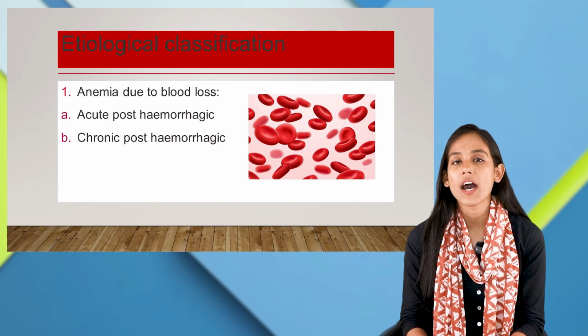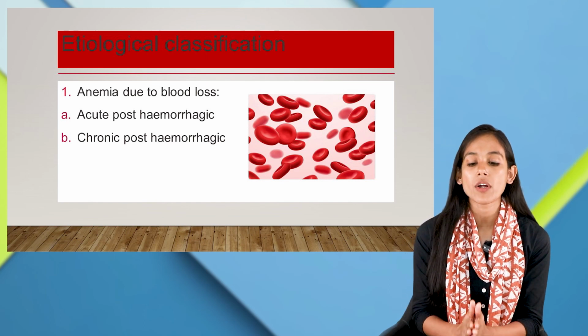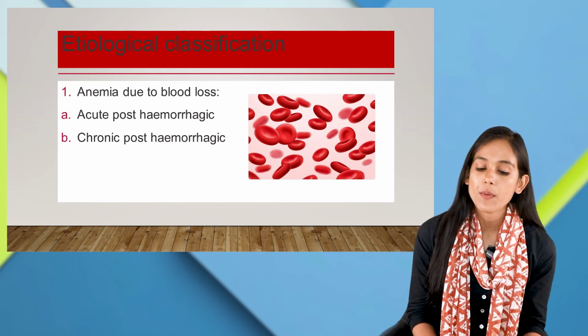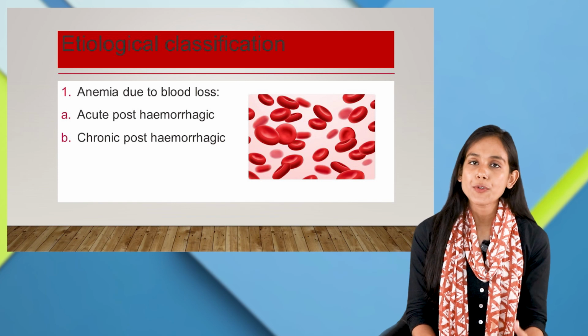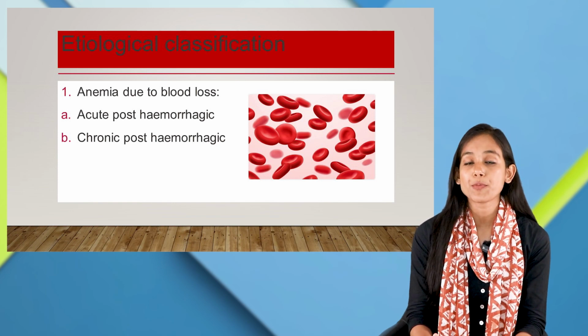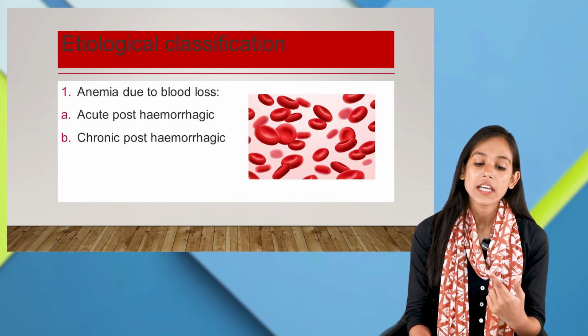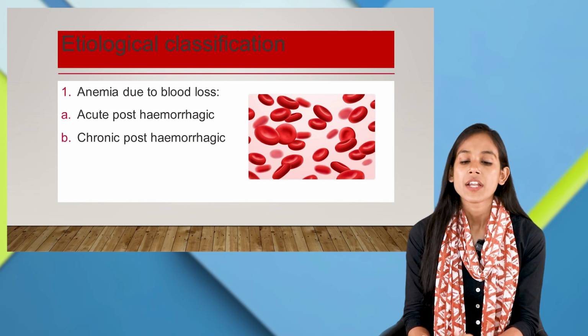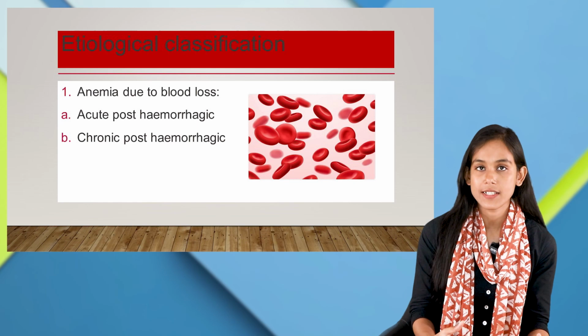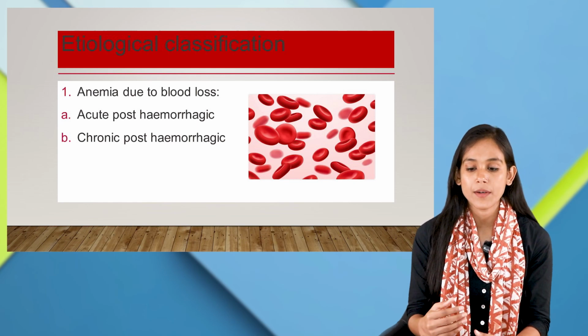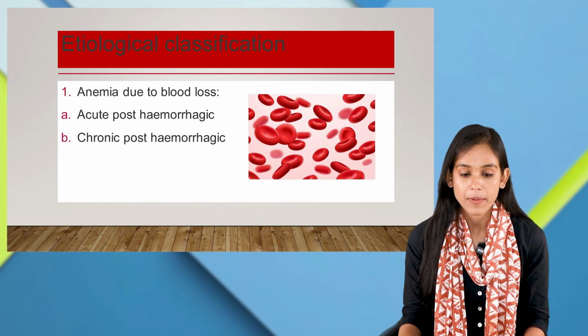So let us see how we can classify anemia according to the cause. The first one is anemia due to blood loss. Due to blood loss, it can be acute post-hemorrhagic or chronic post-hemorrhagic. Acute post-hemorrhagic occurs due to an accident where there is a large amount of blood loss.